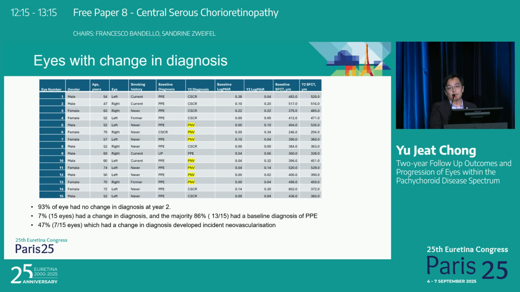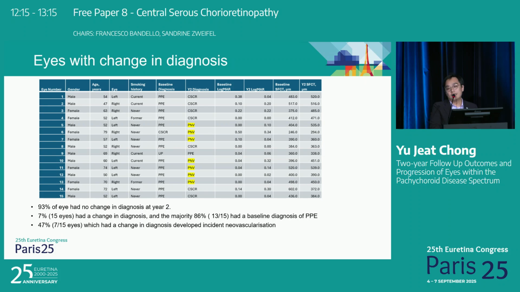I think what most of us would be interested in is how many of them had a change in diagnosis, and what happened to this group of patients. 93% of eyes had no change in diagnosis at year 2. 7% of eyes, or 15 eyes, had a change in diagnosis, and the majority of these eyes, 13 out of 15, had a baseline diagnosis of PPE.